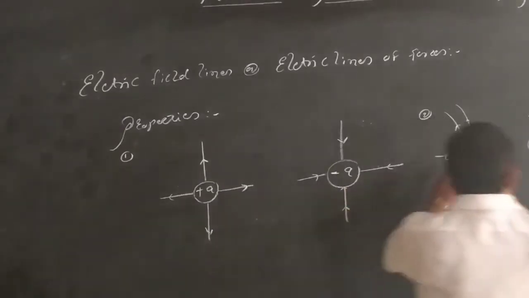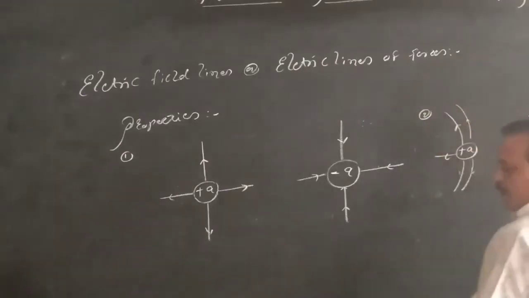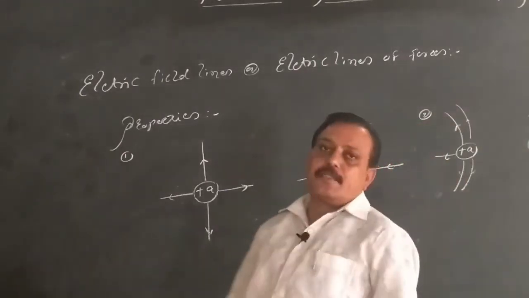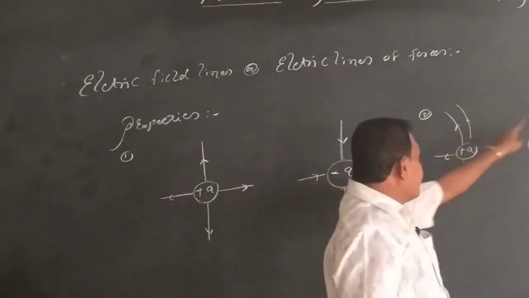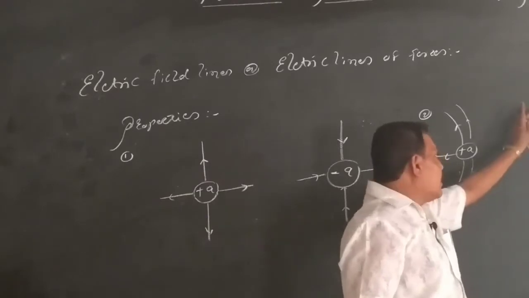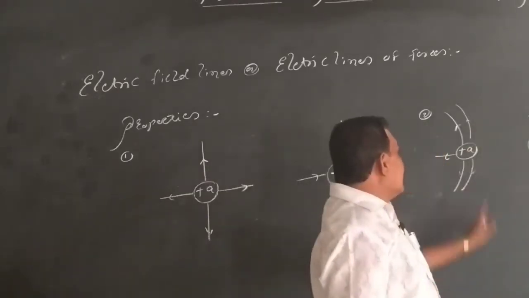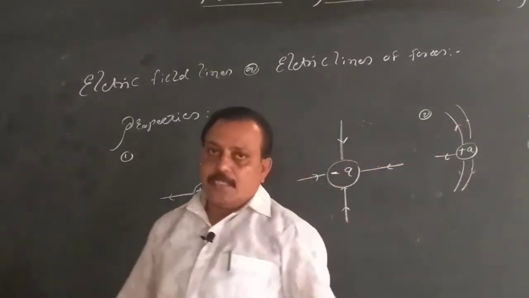So the electric lines of forces are exerting lateral pressure. Lateral means side. From this figure we can say that the electric lines of forces exert lateral pressure on each other, which represents that like charges repel each other. We know that like charges repel.